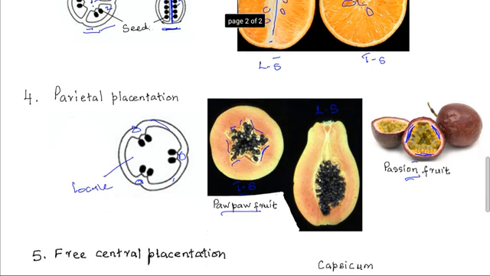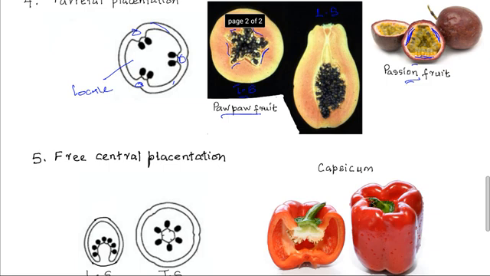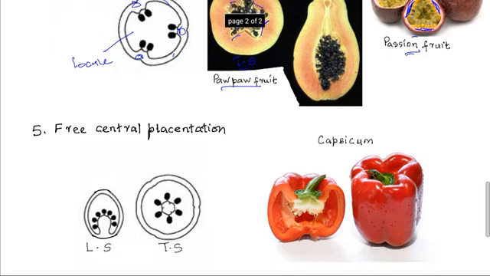And then lastly, there is a free central placentation. This is also formed from a syncarpous gynoecium, just like in the axial and in the case of the parietal placentations.